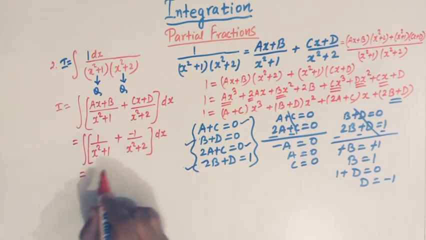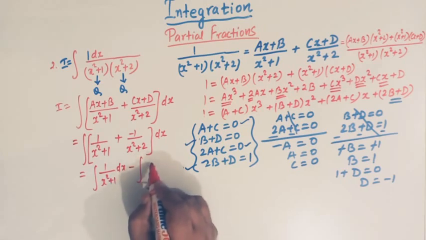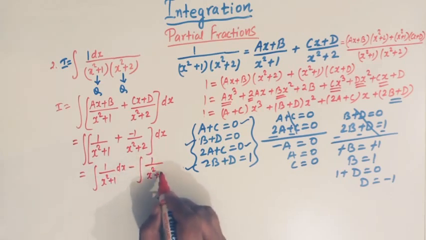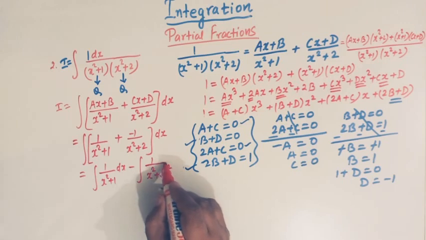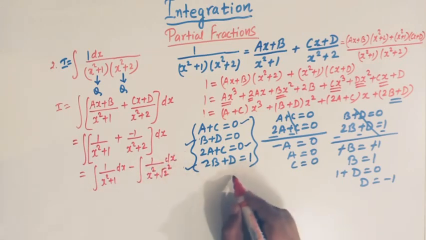Now if we separate these two integrals, we have 1 over x square plus 1 dx, and then 1 over x square plus 2, where this 2 can be written as the square of square root of 2.